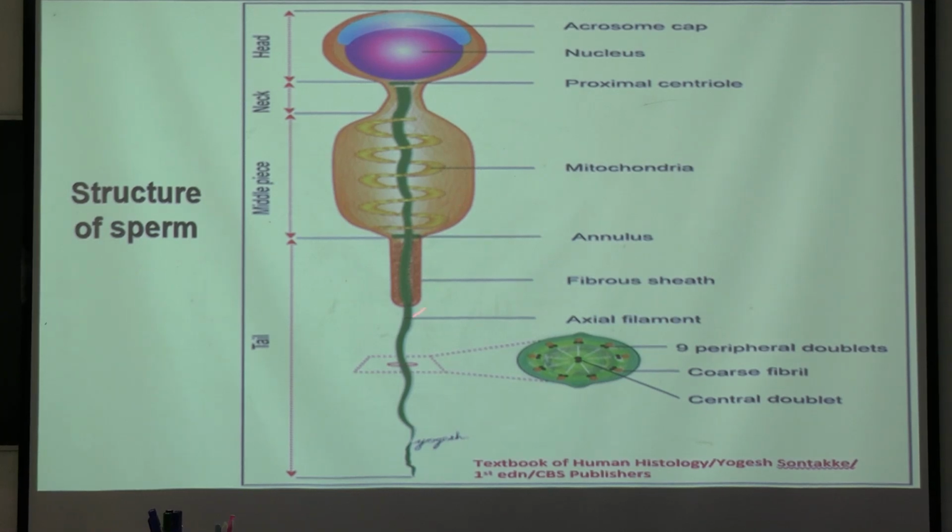Here is some fibrous sheath in the tail, and the tail extends like this, and this is a cross section of the tail. Here you will get 9 peripheral doublets, coarse fibrils, and the central doublet. So this is how one sperm is formed. This is the structure of a mature sperm.